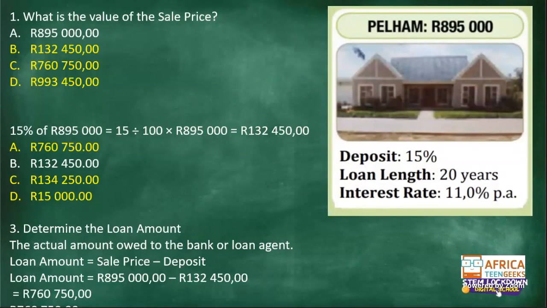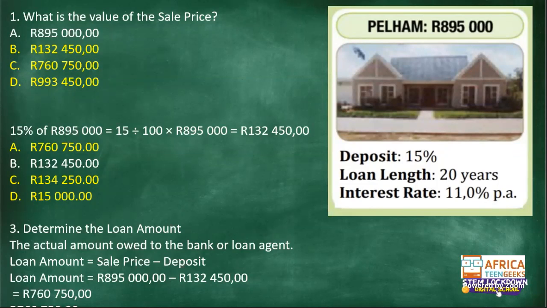So as I've just indicated, you have to now subtract the deposit from the original amount. And of course, once you do this, you'll see that you'll be left with 760,750. So what happens now that you have paid the deposit? Then the remaining amount will be known as the loan amount.